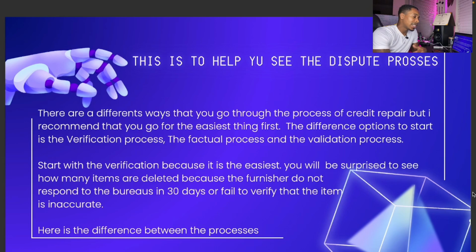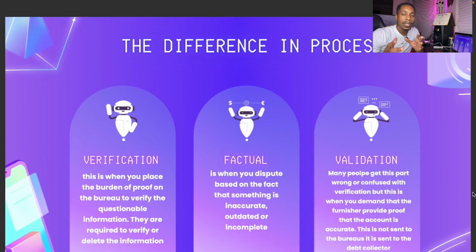But let me explain the difference between those processes: the verification, the factual, and the validation. Verification, you're verifying something. This is when you place the burden of proof on the credit bureaus. You're saying, hey, you found a problem, and it's up to them to verify or delete the information, because you found something that was questionable, incomplete, inaccurate.